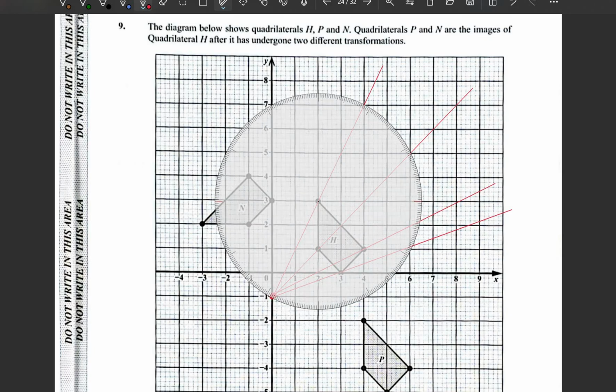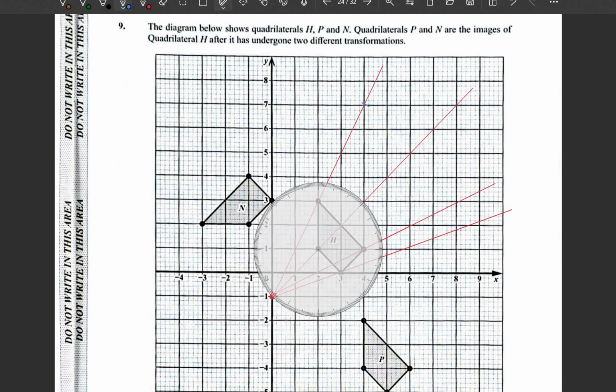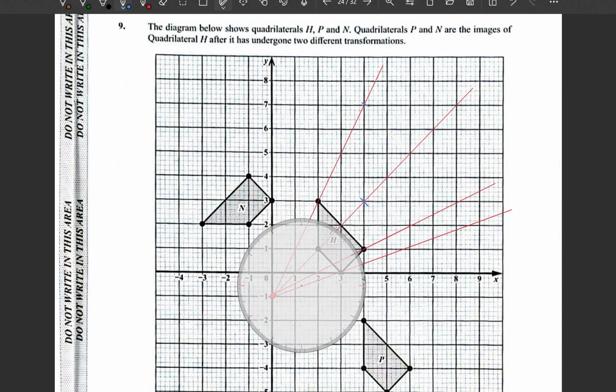Right, so we see that the image, I'll do this in blue. Our first image point will be right here. Our second image point. So it has to be the same distance away. Let's do this third point right here.